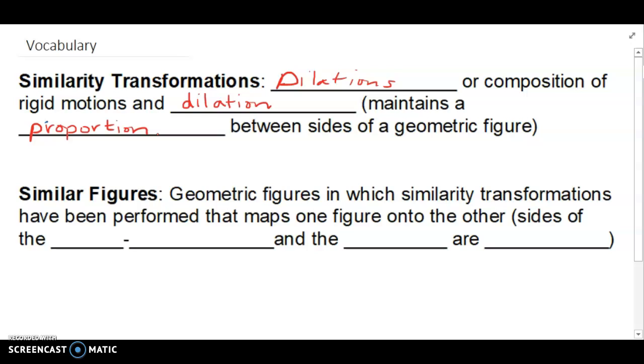Okay, so similar figures then would be geometric figures in which similarity transformations have been performed that map the figures, so sides of the pre-image and the image are proportional.